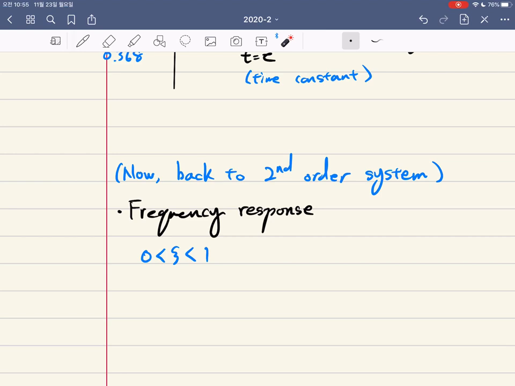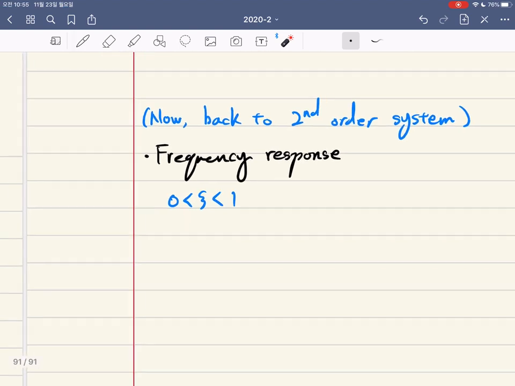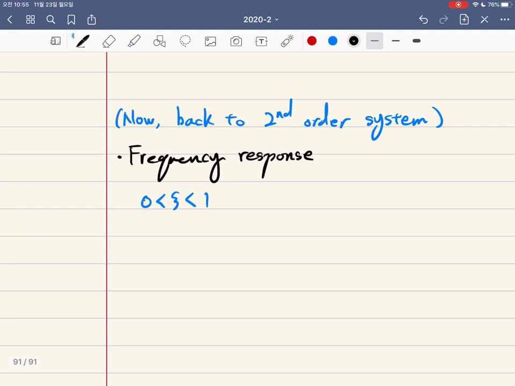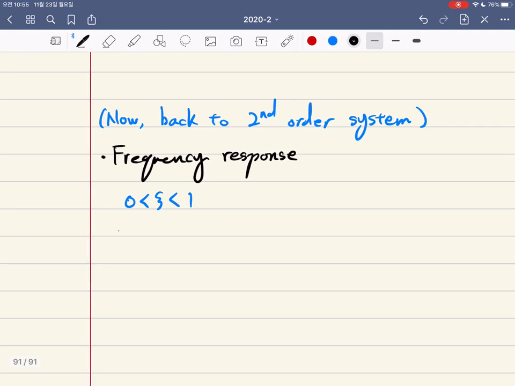So obtaining frequency response is equivalent to having the Fourier transform of the impulse response, right? So frequency response is related to the Fourier transform of impulse response.